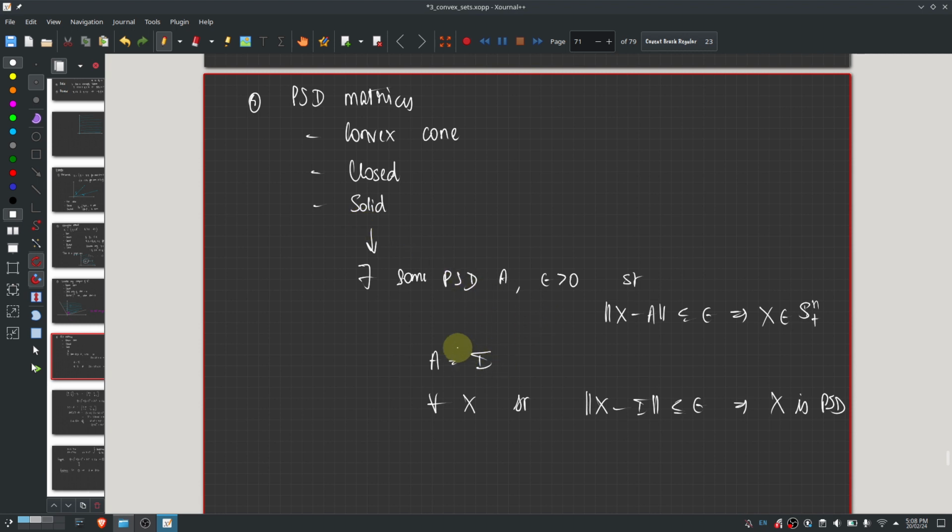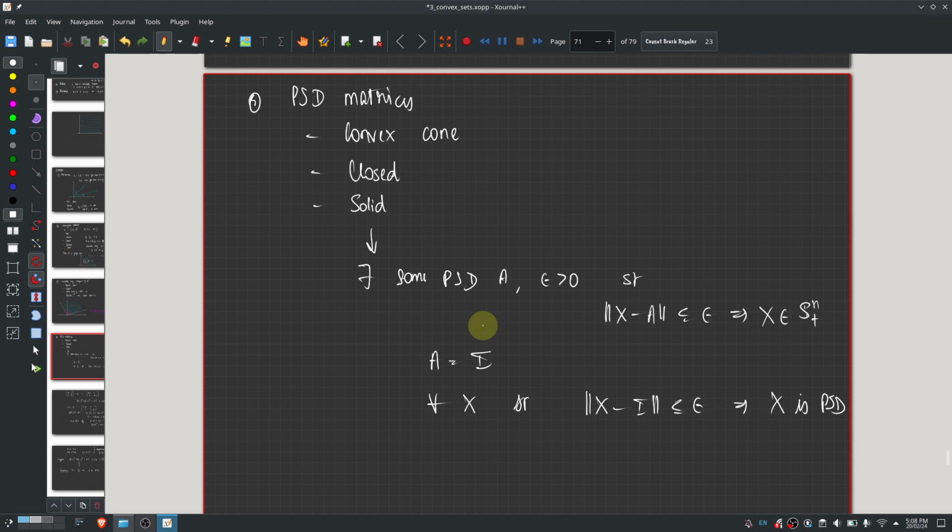I can take any positive definite matrix and show that there exists a sufficiently small epsilon such that the ball of radius epsilon around it is completely positive semi-definite. So every positive definite matrix, you can draw a ball around it. So it's an interior point. So at any interior point is fine.